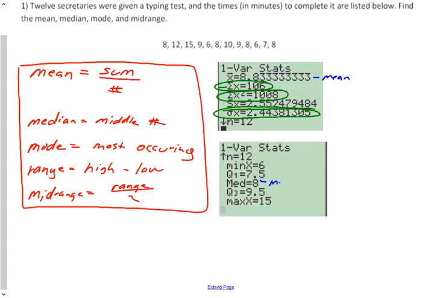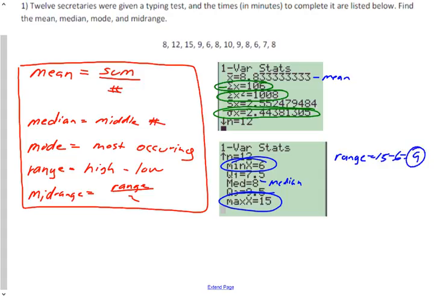On the bottom here, right here's our median. And now we got a couple of things. We have the maximum and the minimum. So while we still have to do a little bit of work, the range is high minus low.